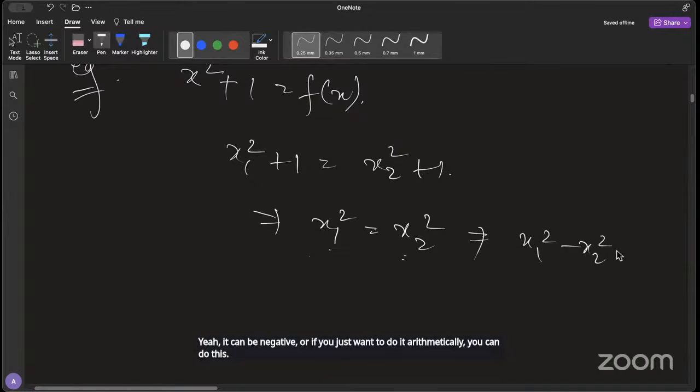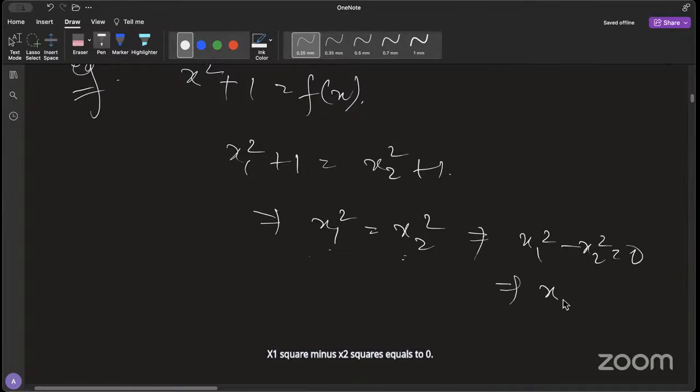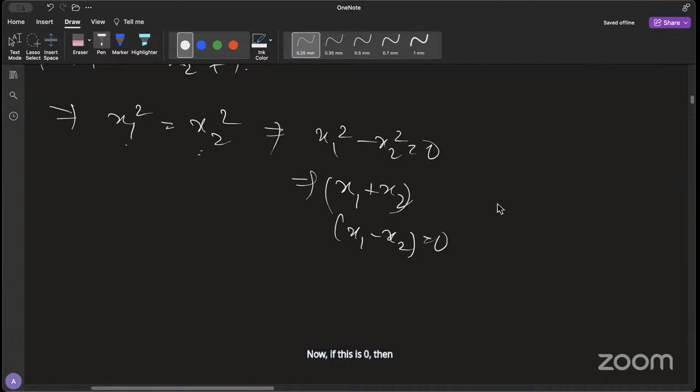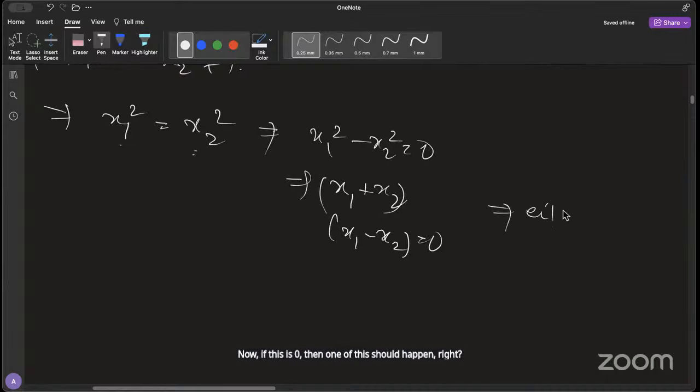x1 square minus x2 square is equal to 0, which will give you (x1 plus x2)(x1 minus x2) equals 0. Now, if this is 0, then one of these should happen, right? Either this factor is 0, x1 is equal to x2, or x1 is equal to minus x2, right?